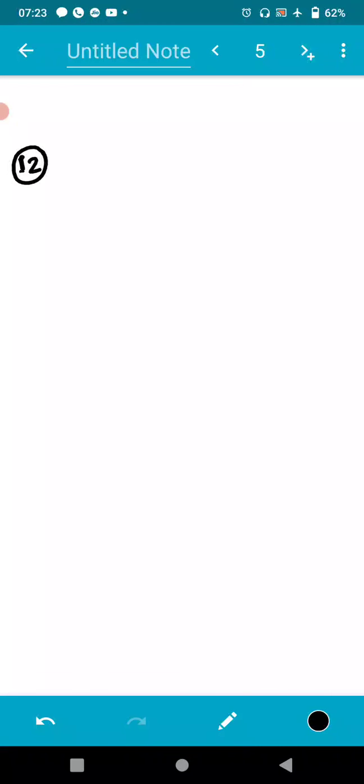Now, the cost of a dozen pen is rupees 180, and cost of 8 ball pen is rupees 56. That means the information of two things is given. That means cost of dozen pen, this is 12 pen, is rupees 180, and cost of 8 ball pen. Okay, ball pen.